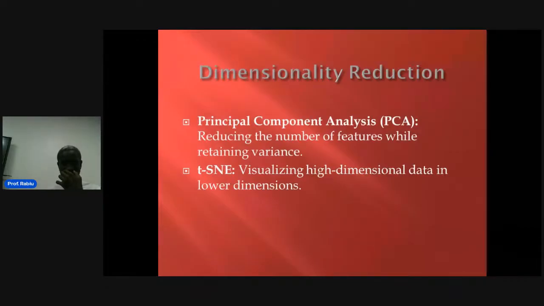So, dimensionality reduction. We have principal component analysis, which is reducing the number of features while retaining the variance. So if I have a student who gets 95 over 100, another gets 85 over 100, and another got 75 over 100, all of them are A, right?